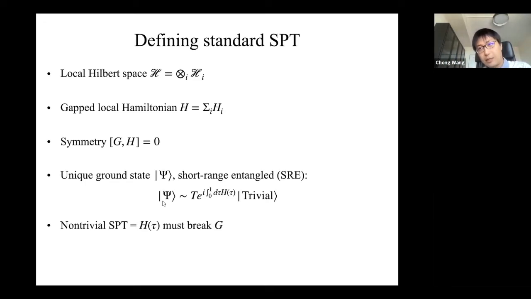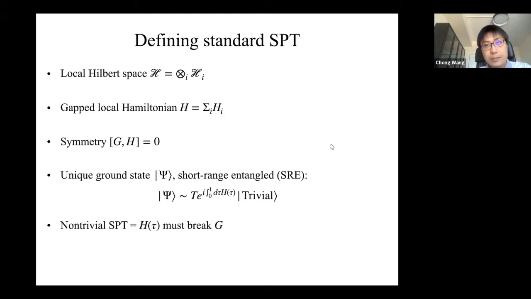And the fact that, so when we say that this psi is a non-trivial SPT, it means that this adiabatic path exists, but the Hamiltonian along this adiabatic path must necessarily break my symmetry G. Right? So if I preserve my symmetry, then there is no such adiabatic path. The state is distinct from the trivial state. It's true, for example, for topological insulators, for Haldane chain, and many other non-trivial examples.